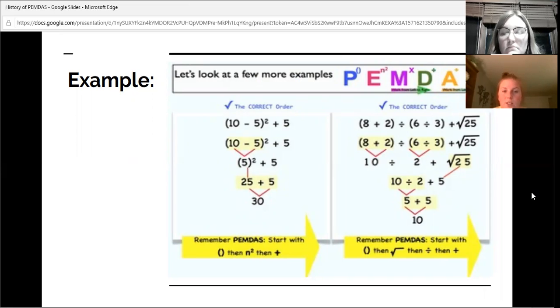It shows how they do the inside of the parentheses, because when you have parentheses, you're just simplifying inside of them first, and then it shows exponents and how they do 5 to the second, and then how they add 5, which, being addition, is the last step since there is no subtraction, and then it comes up with the total. And then the problem on the right is the same thing. It shows going through the parentheses first, and then doing your exponents, and then division and addition.